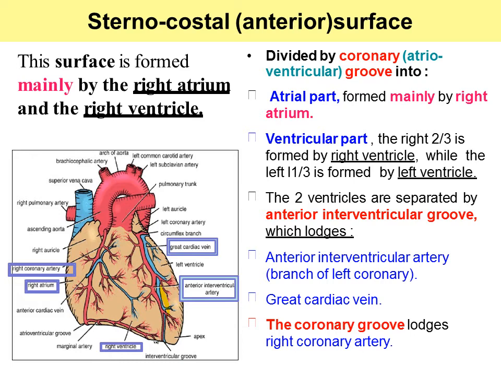The two ventricles are separated by anterior interventricular groove, which lodges the anterior interventricular artery, which is the branch of left coronary artery, and the great cardiac vein. The coronary groove lodges the right coronary artery. If we see in this diagram, we can see.